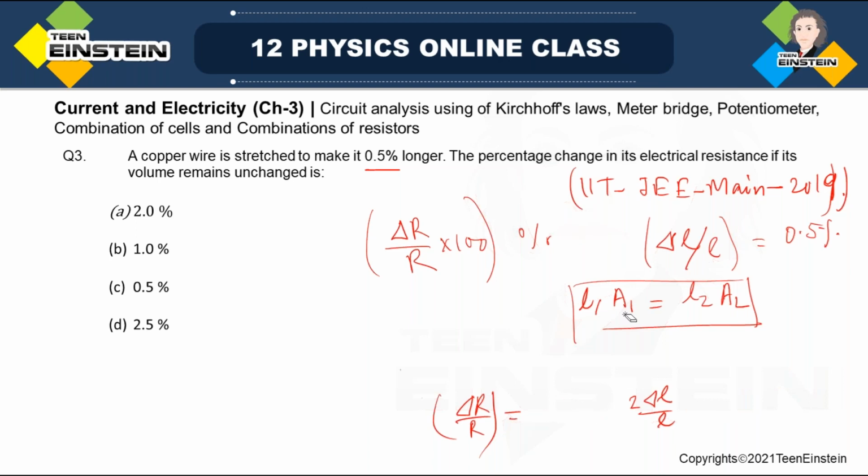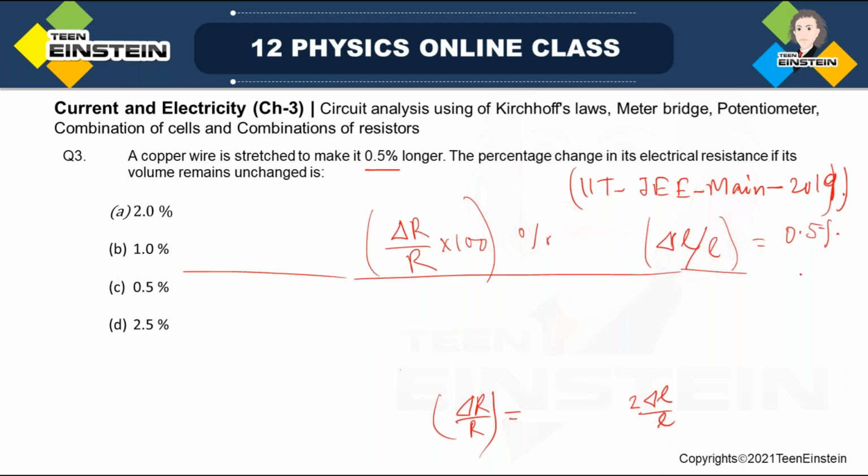I'll use this portion to do the calculation. So delta R by R into 100 will give you the percentage. So 2 into delta L by L into 100, this will give you the percentage, as I said.